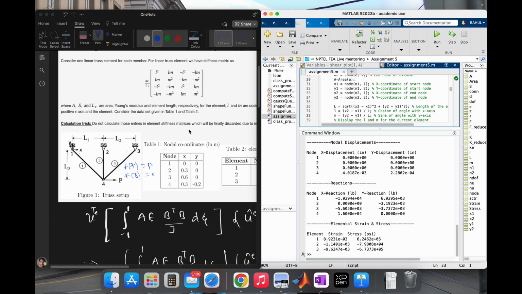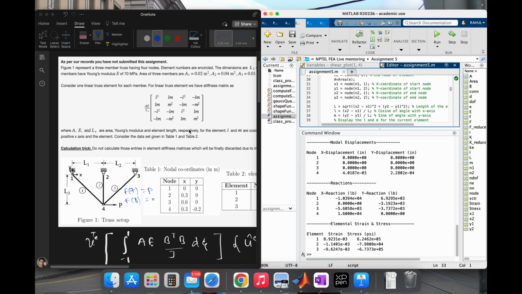So this is all about the solution for the assignment number 5, and then we will try to match all the problems which are given in the assignment number 5.